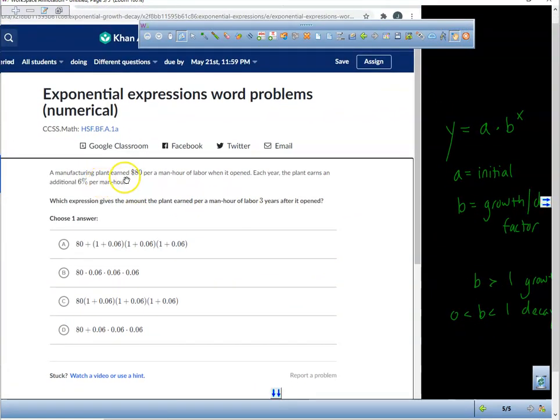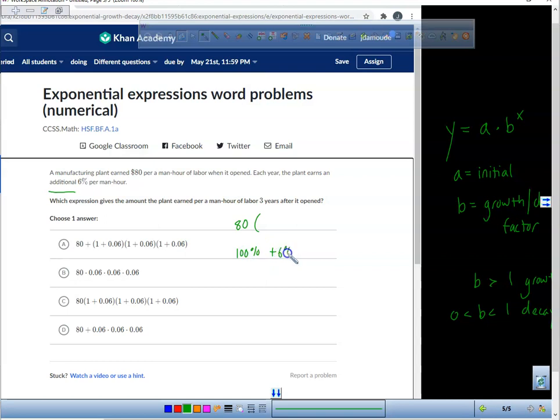A manufacturer plant earned $80 per man-hour of labor when it opened. Each year, the plant earns an additional 6% per man-hour. So it's starting off with 80. And each year, it's earning an additional 6%. So in order to get the growth rate, you're at 100%, you've got to add 6%, which is 106%. So my decimal is 1.06. And we're doing it after 3 years.